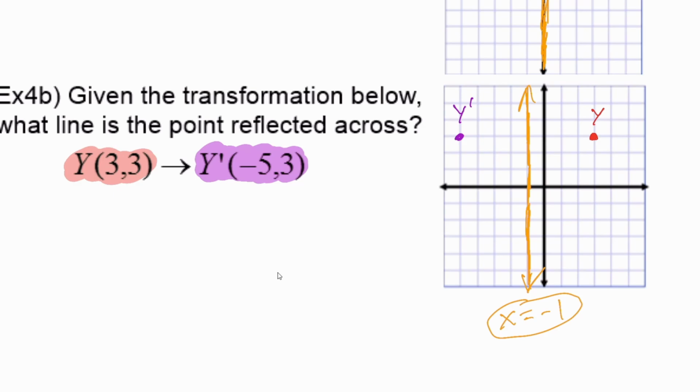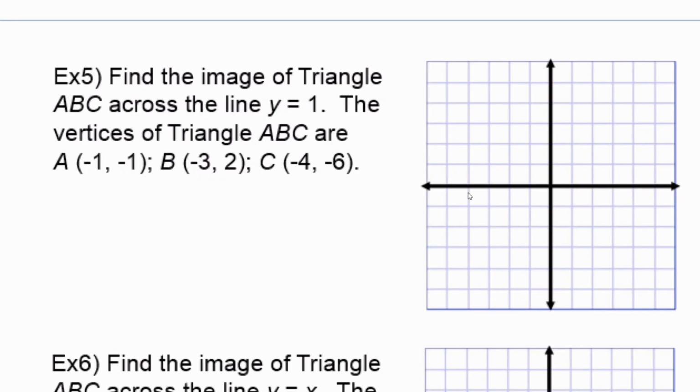All right, let's look at, instead of just a point, if we were to reflect an entire image of a figure across some line. We're going to look at triangle ABC, and it's going to be reflecting across the line y equals 1. So in our previous example, we mentioned that a vertical line is described by x equals some number.